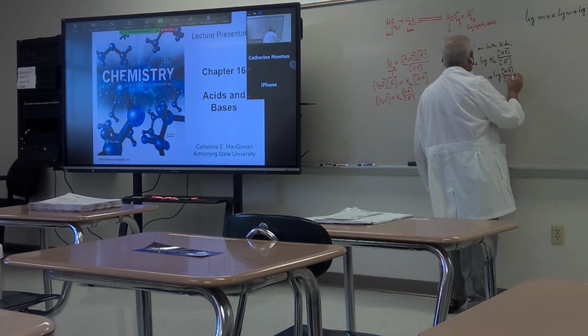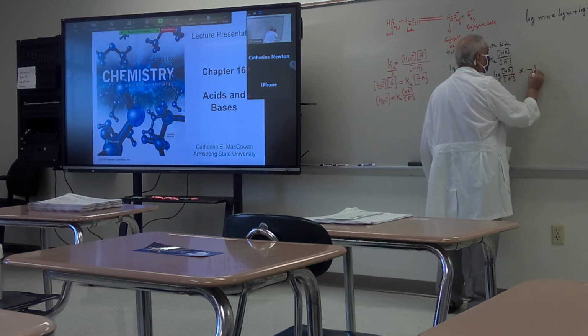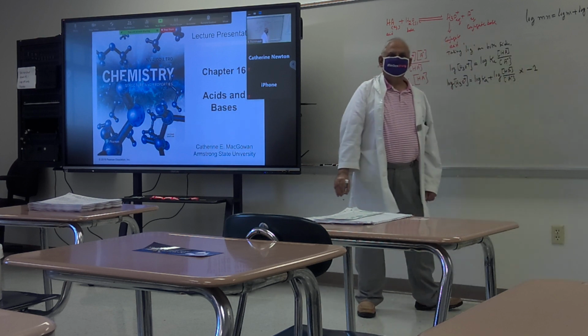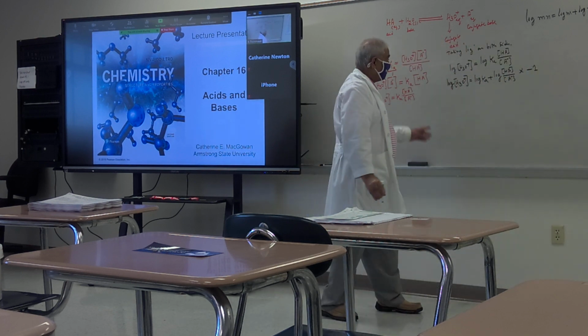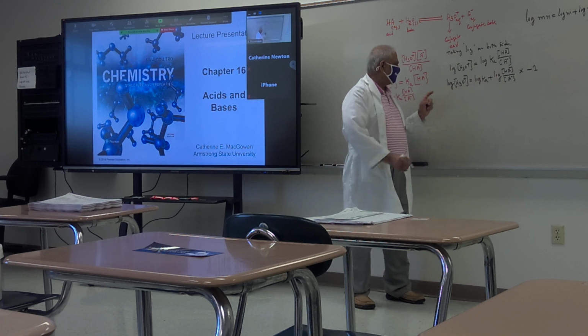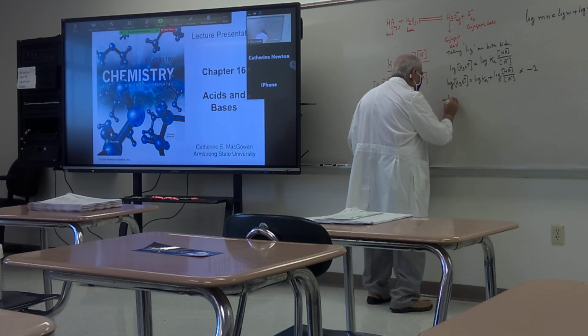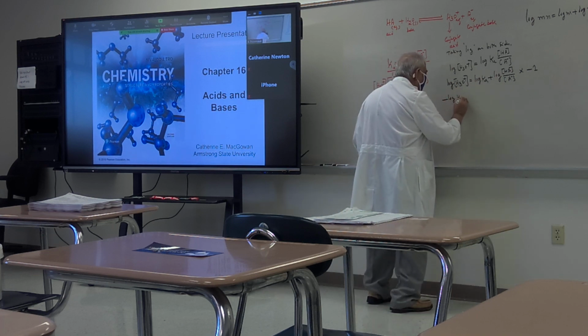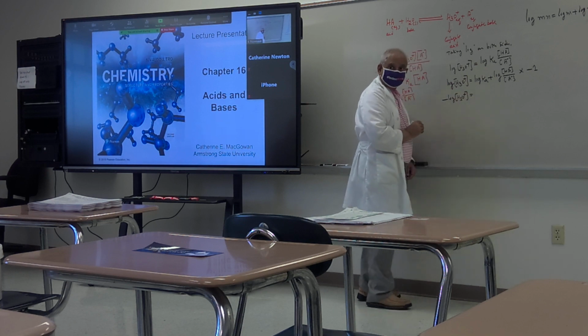Now I will multiply this whole thing by minus 1, all along. If you multiply that by minus 1, you are going to get negative log of H3O plus, correct?